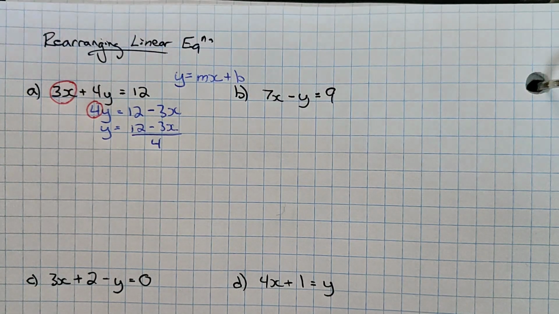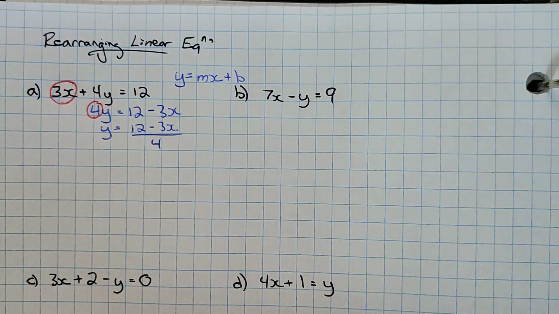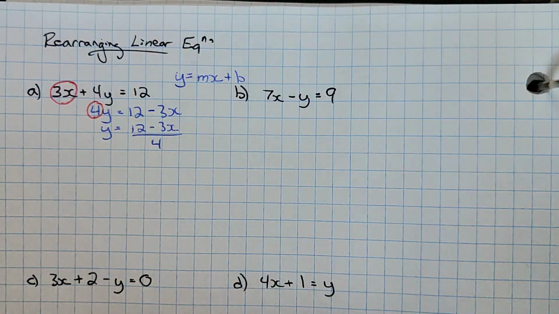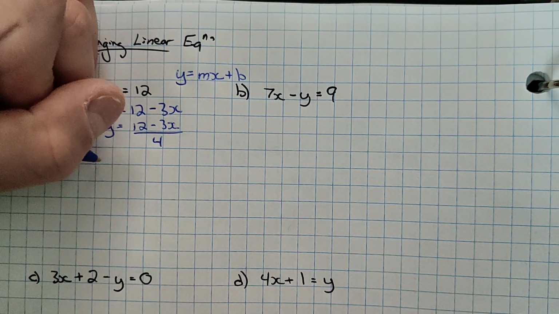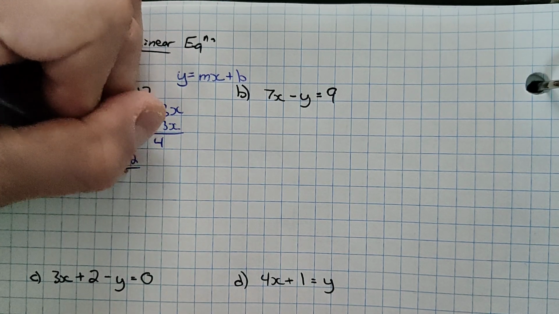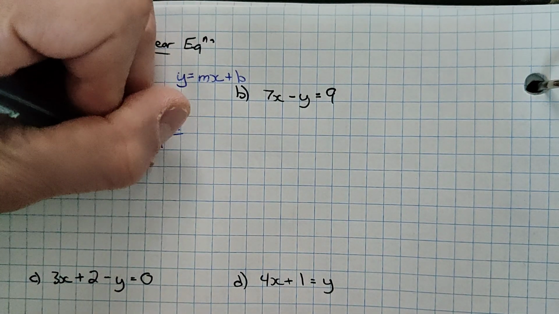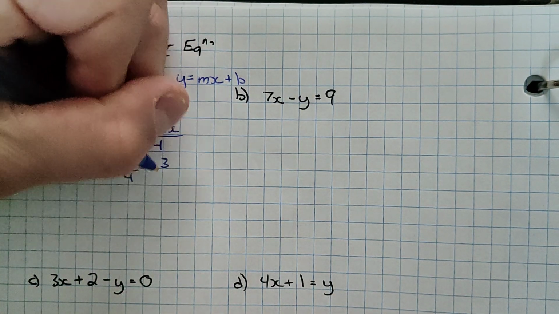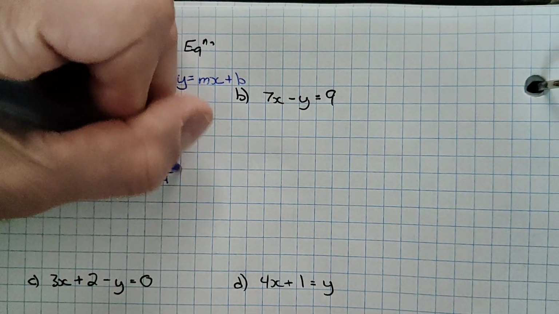Next, because of the way arithmetic works, we can divide both numbers, the coefficient portion 12 and 3, by 4. So what we write is 12 over 4, use whatever sign is here, in this case minus, 3 over 4x.